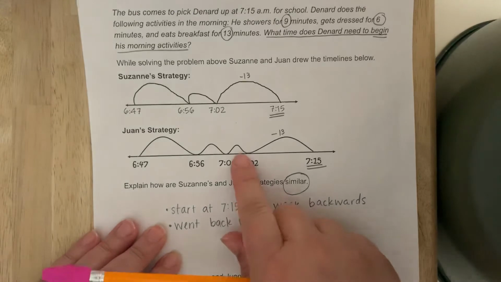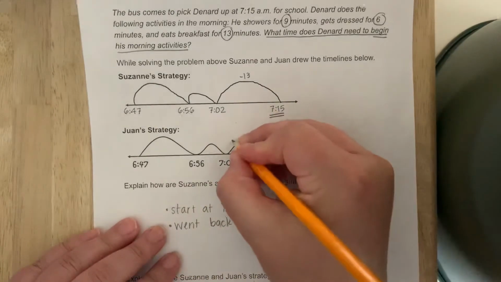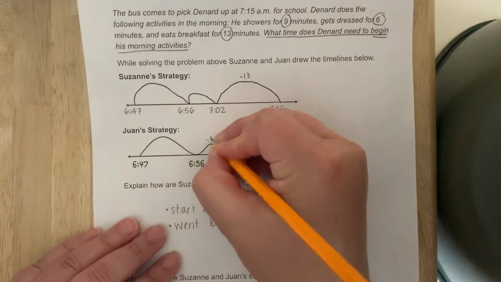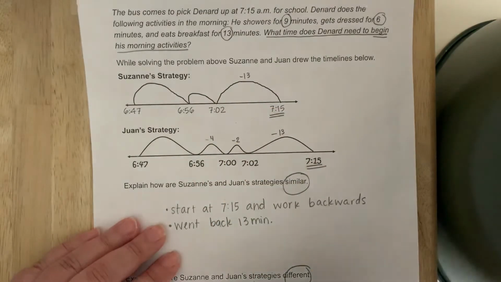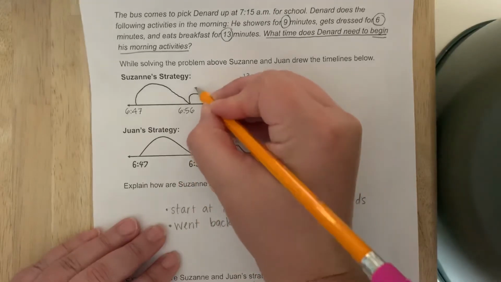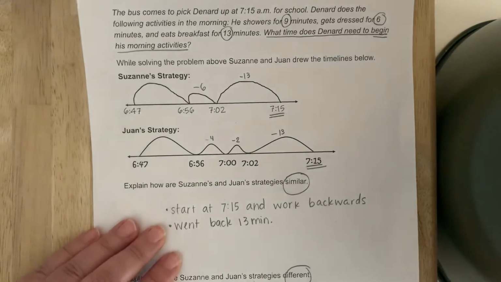Now, I notice a difference here. A difference here is that Juan went back 2 minutes and then went back 4 minutes. And Suzanne went from 7:02 to 6:56, which is minus 6 minutes. There's a difference.